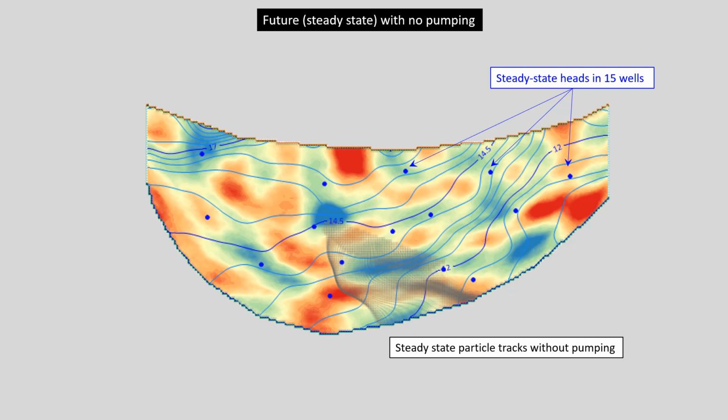And in this steady state flow field, if we do not undertake any pumping and we release a particle in every cell that's contaminated, we can see that all these particles reach the river. And note this channel here and how it is so effective in conveying particles to the river. This will become important later on.